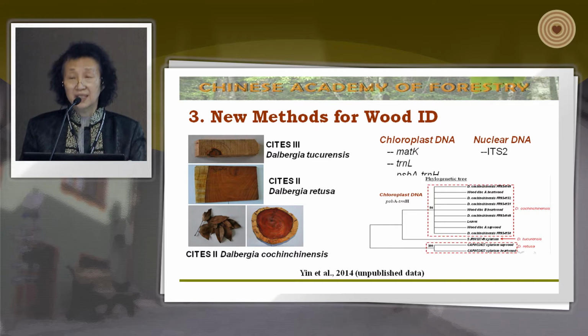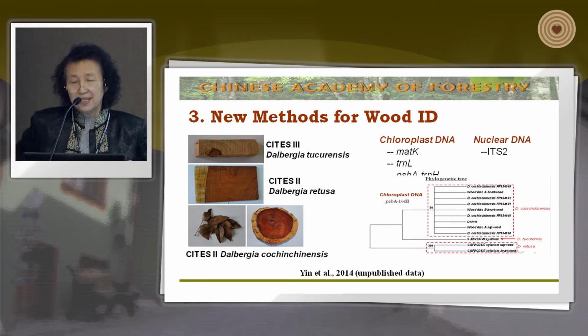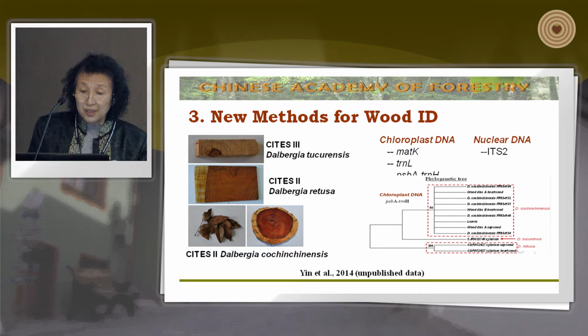We use wood samples and leaves, and we use 2 DNA methods. The results indicated that using the DNA method we can ID these 3 species.